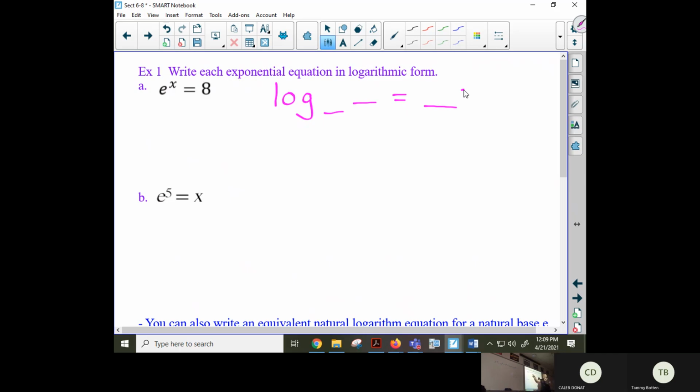So I think log, the base is e, the power is x, and this is 8. E to the x equals 8. But for the final step, you have to write it as a natural log. Log base e is natural log, so all you do is replace log base e with ln.